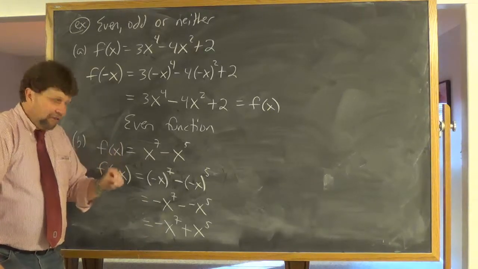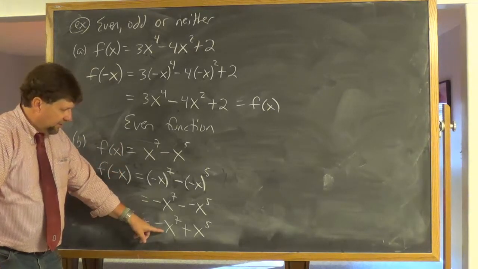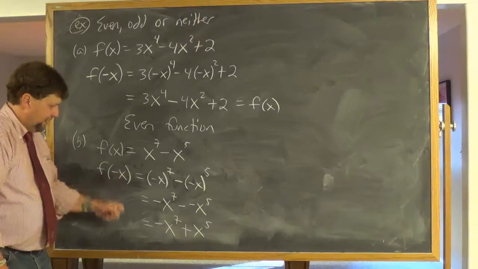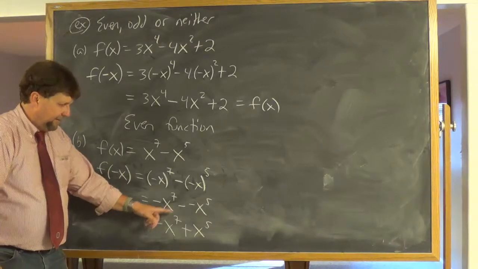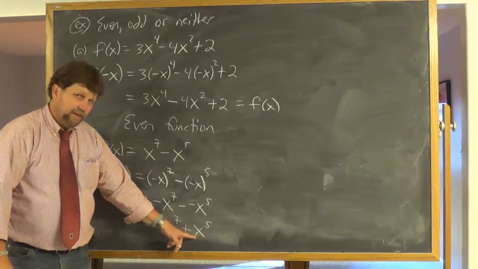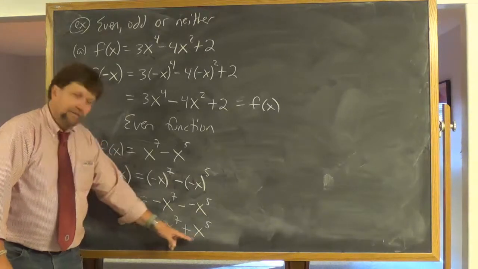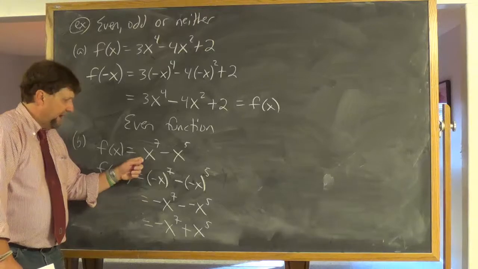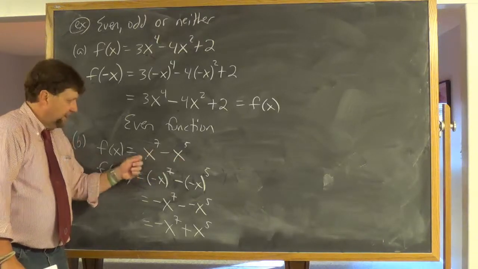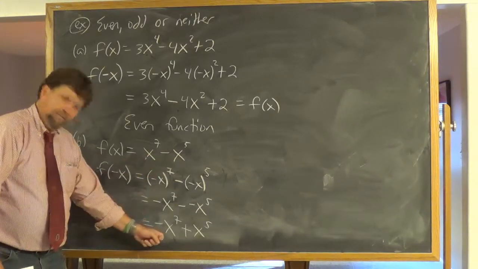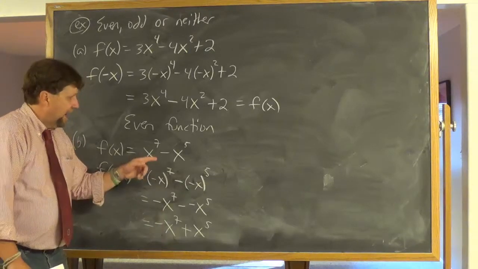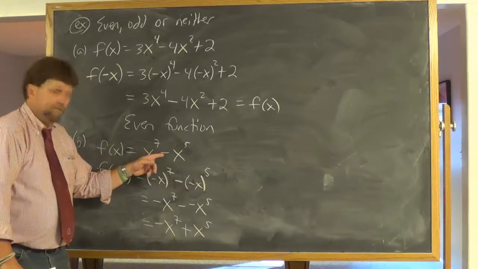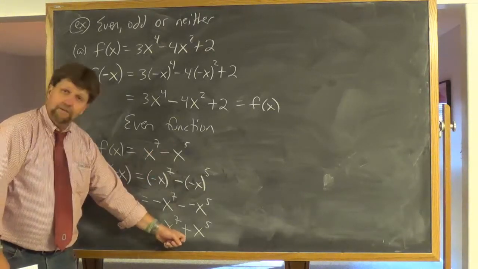But notice how this f of negative x ended up giving us negative x to the 7th plus x to the 5th. Notice how that is the opposite of this function. If you take the opposite of x to the 7th, there it is, negative x to the 7th, and the opposite of minus x to the 5th is a plus.